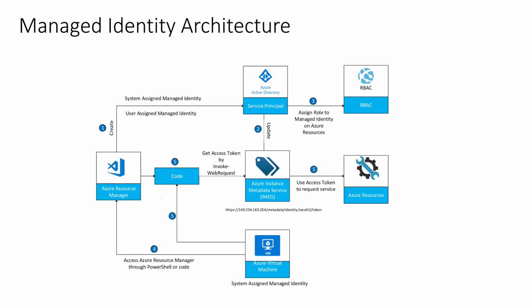It has zero rights, zero permissions just by that process. But by assigning a role to a particular resource group, resource, subscription, or management group, you start getting the benefit of this. Then you start giving permissions to that managed identity.